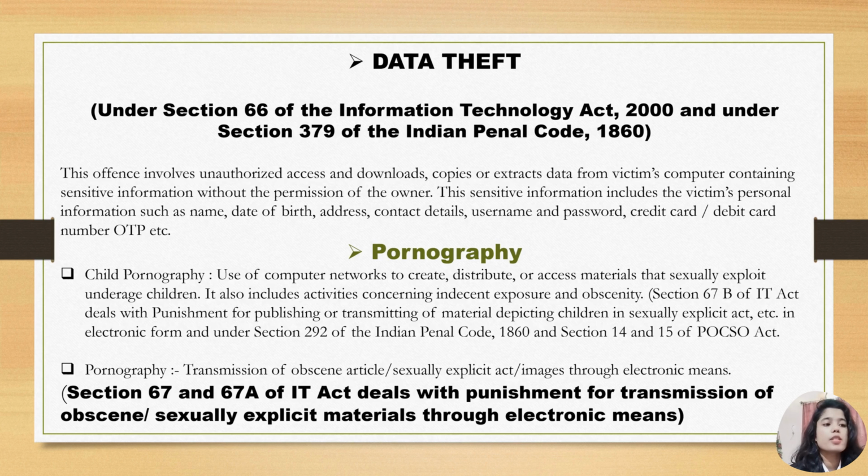Pornography also covers transmission of obscene articles or sexually explicit acts or images through electronic means. Sections 67 and 67A of the IT Act deal with punishment for transmission of obscene or sexual materials through electronic means.